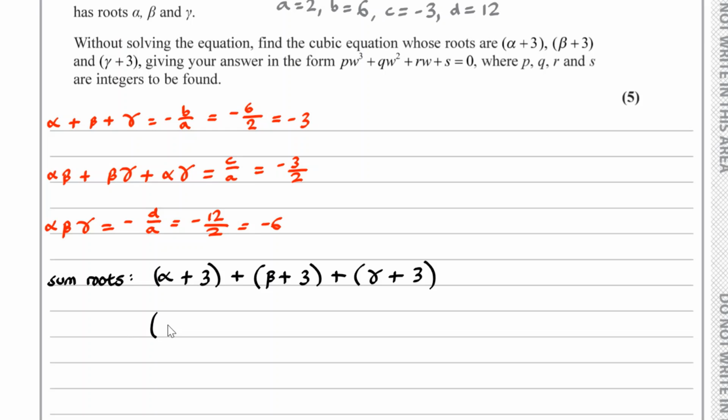So we have alpha plus beta plus gamma plus 9. Alpha plus beta plus gamma is minus 3, so we have minus 3 plus 9, which is equal to 6.